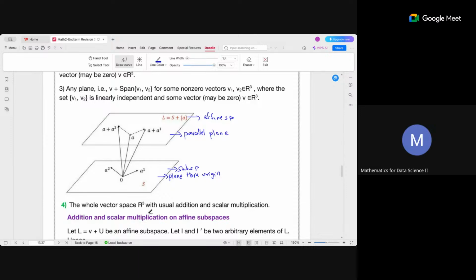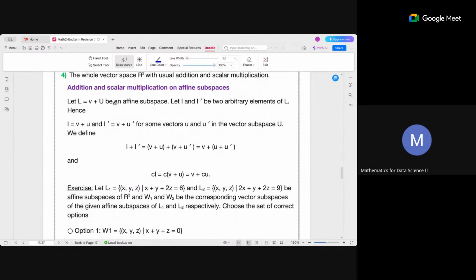So how are addition and scalar multiplication defined for affine spaces? Remember, when you are doing addition and scalar multiplication, your V is going to be fixed. What does that mean? Suppose you take two different vectors from your L. We represent them as V plus U and V plus U dash.